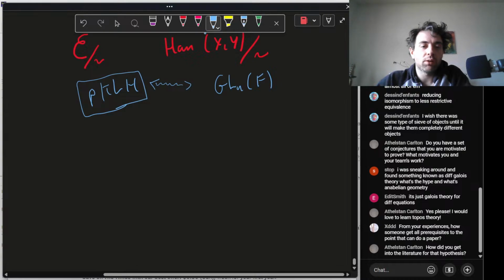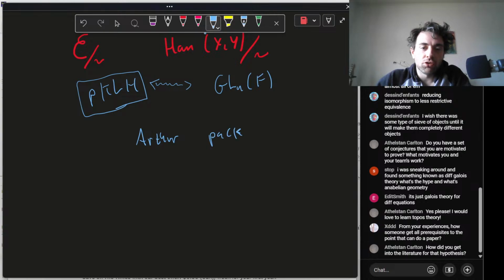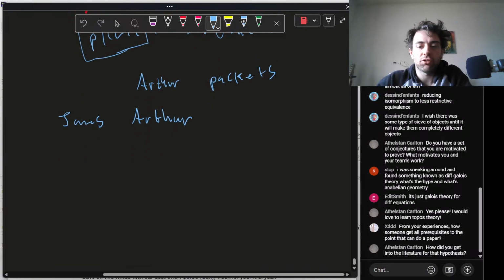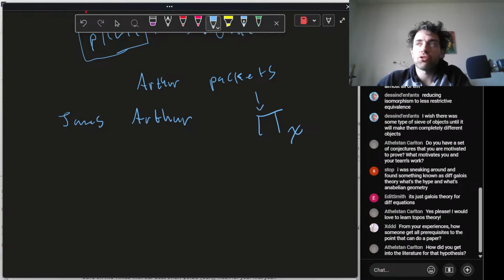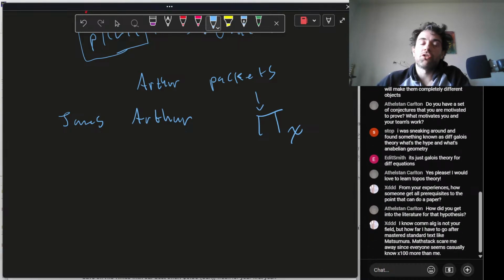But more generally, my group is very motivated by something called Arthur packets. James Arthur, who's my mathematical grandfather, came up with these ideas. It's a way of defining a collection of representations for a real or p-adic group.